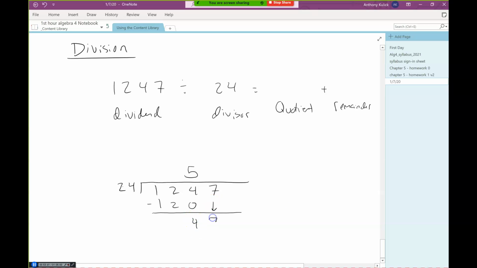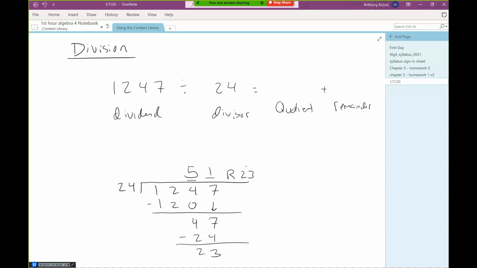And then bring down that last part that we haven't used yet. And say, okay, how many times does 24 go into 47? Well, that's a little bit easier, just one time there. 1 times 24 is 24. We subtract down, we get 23. So we'd call that remainder 23. You guys kind of remember doing that?